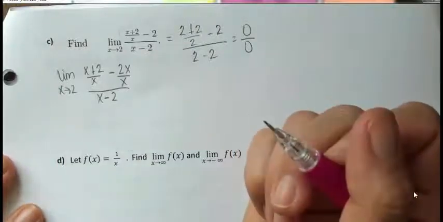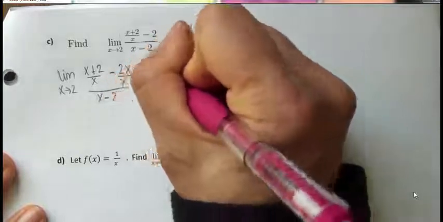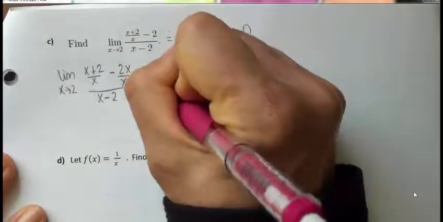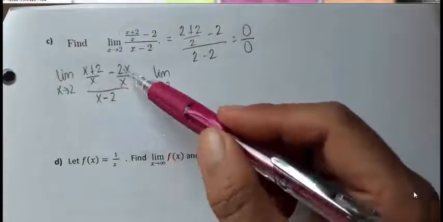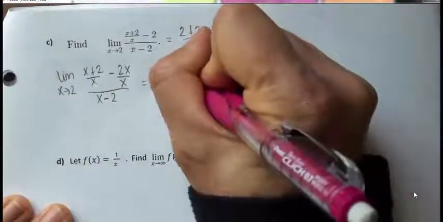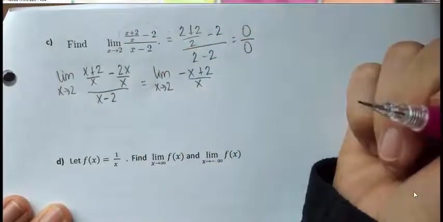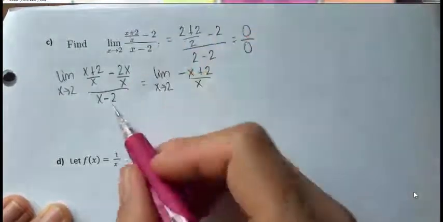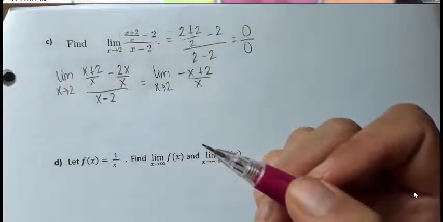And I'm going to keep writing the limit there until I actually evaluate this limit. So I'll go to the side now, equals the limit as x approaches 2. So this is going to be x minus 2x, which is a negative x, plus 2 over x. And then that's divided by x minus 2. Well, we don't divide fractions.